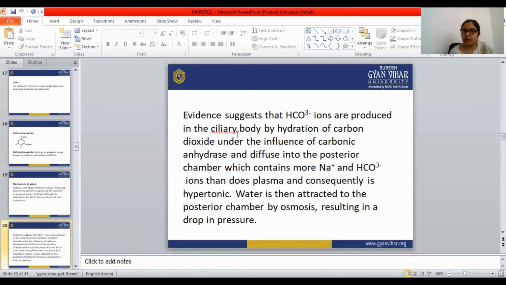By hydration of carbon dioxide under the influence of the carbonic anhydrase enzyme, and that HCO3 diffuses into the posterior chamber, which contains more Na+ than plasma and consequently is hypertonic. Water is then attracted to the posterior chamber by osmosis, and that results in a drop in the pressure.